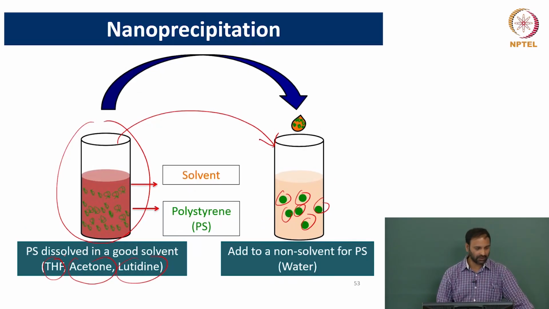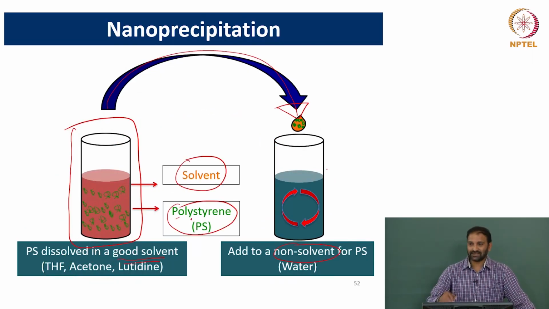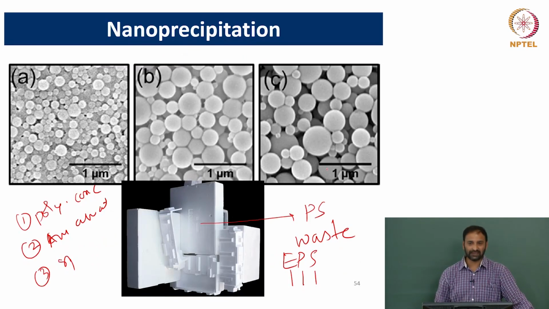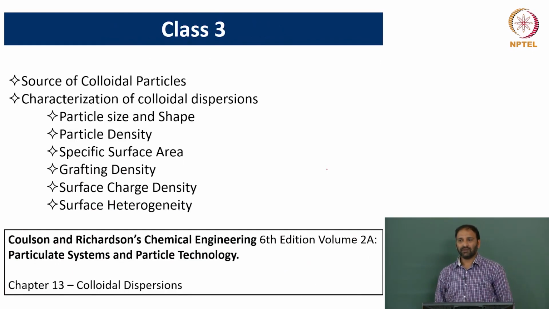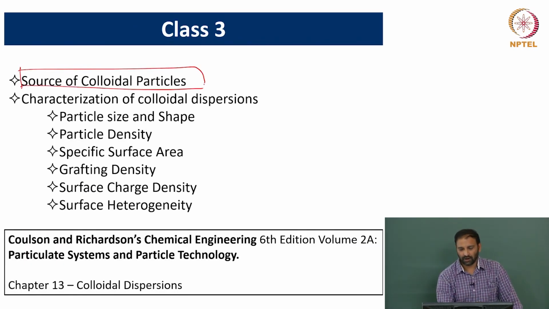When I add it, I am mixing it rigorously. By playing with the mixing speed, I can actually control the size of the particle that I am able to generate. So this is some information about the source of particles, where we get them from, and how we synthesize them in the lab.